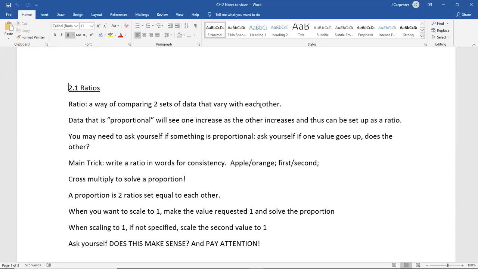So the first brick in our house of proportional analysis, if you will, is the ratio. And the word ratio means fraction.